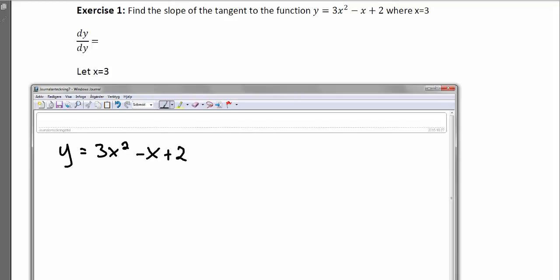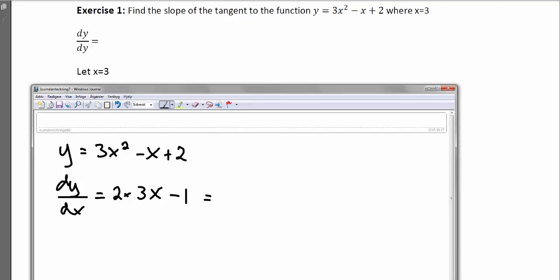Now let's find the derivative first. dy dx is equal to, take the exponent, move it in front, so 2 times 3 times x to the power of 1, but I'm not going to write it out. And then it says really minus 1 times x here, so we're just going to be left with minus 1, and the constant plus 2 disappears.